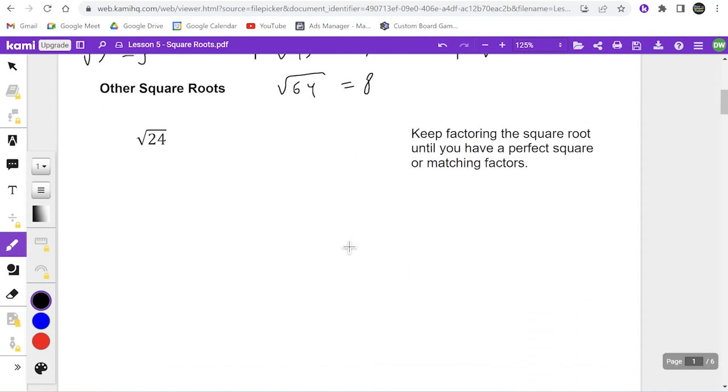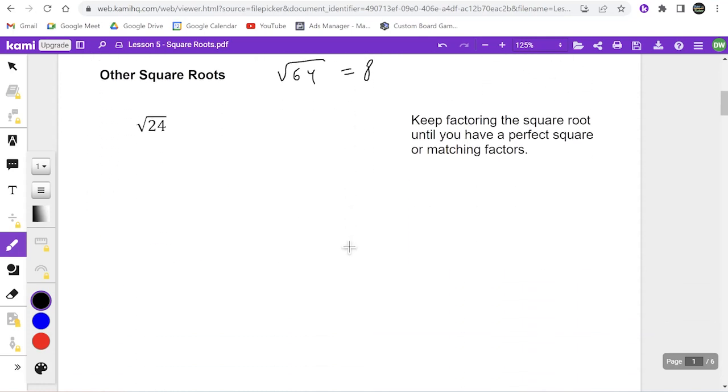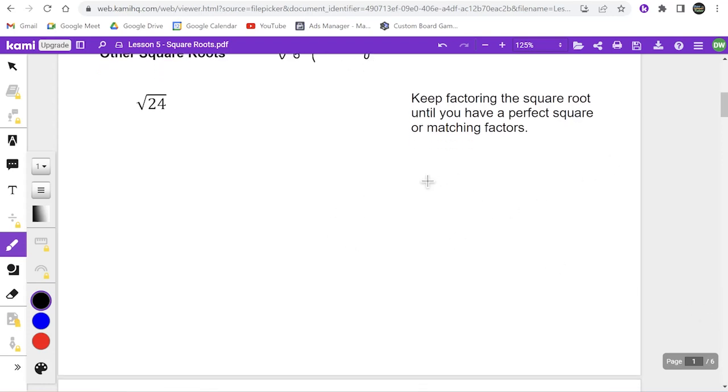Okay, next. For every other square root in the world, like for instance, square root of 24 here, you basically have to do this strategy of coming up with the factors, breaking it down to factors. And the strategy that I'm going to use today might not be the one you're familiar with, but it's the one I use, so I'm going to do it. I like to look for pairs and squares.